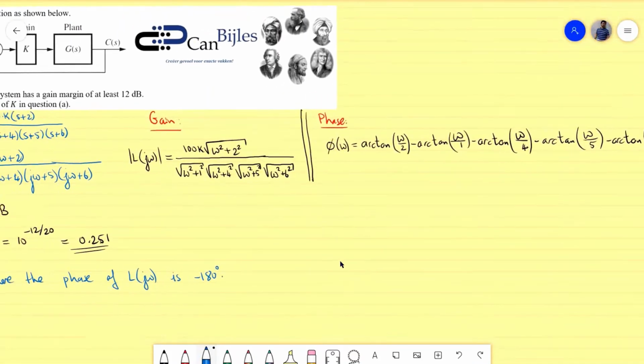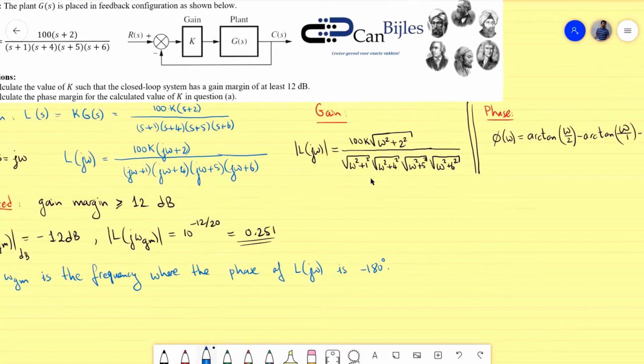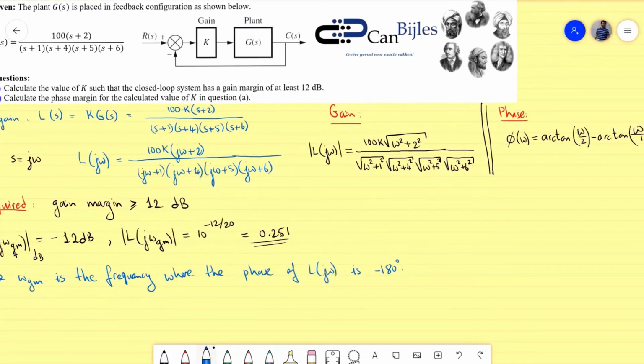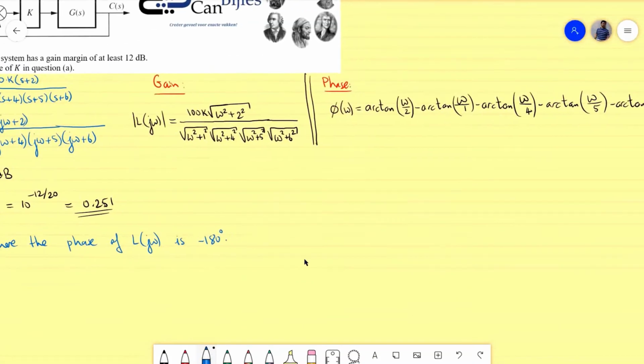Then I can use that in the expression for the gain, and I can then calculate K. So the first step is to calculate the value of omega GM for this phase, which is just the definition of the gain margin, and then use that omega value in the gain expression of the loop transfer function, and then calculate the value of K, because for that specific frequency I need a gain of 0.251. So first, let's start with the phase expression.